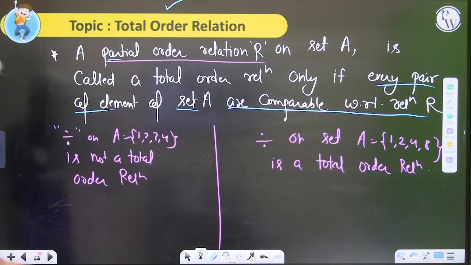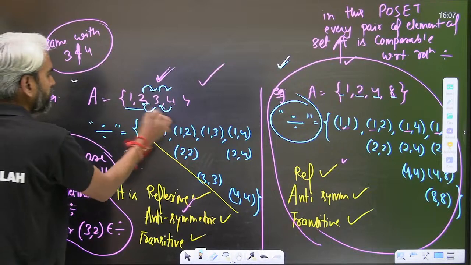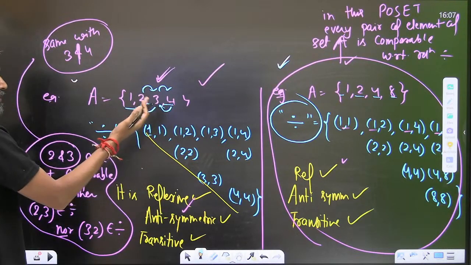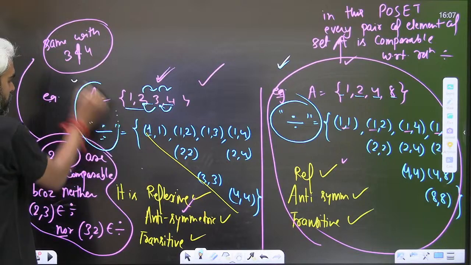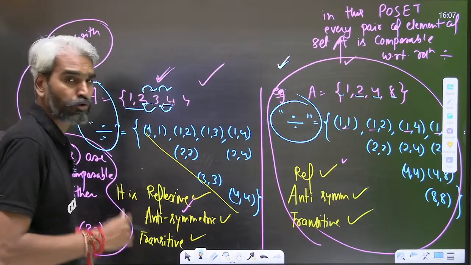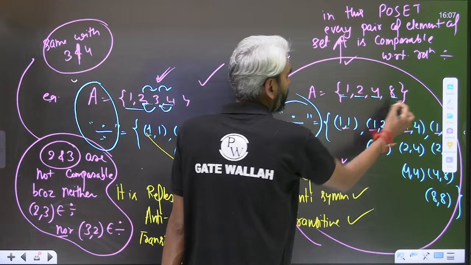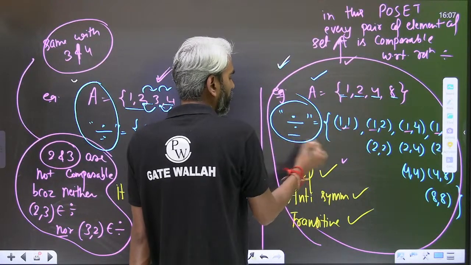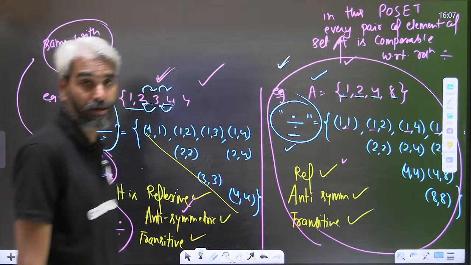Clear? Let's look at this. There are some pairs of elements which are not comparable with respect to the relation divide, therefore this poset is not a total order. But in this case, all pairs of elements of set A are comparable with respect to divide, so in this case divide is a total order relation.